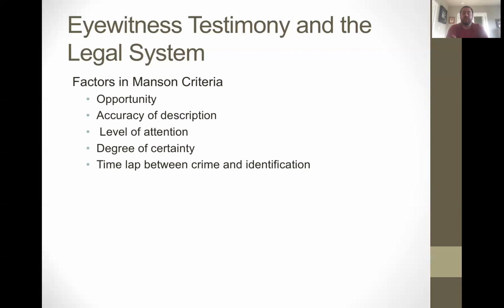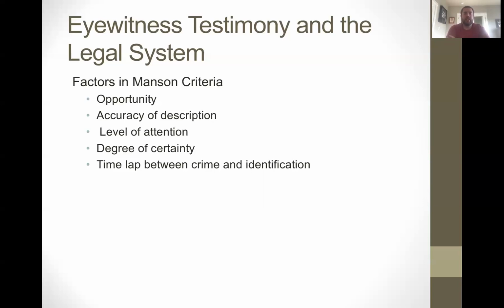Now, if you start to fine tune it and you're like, yep, it was a Caucasian male, 6'1", maybe 6'2", probably 180 to 200 pounds, had brown hair, had a full beard, spoke with an accent, had a tattoo, right? Those are things that are going to add to the credibility if the suspect actually had those things. And then, of course, the defendant in court has those things as well.